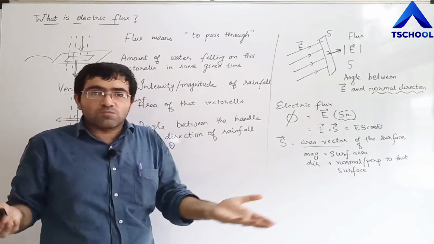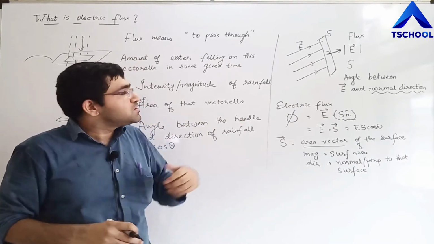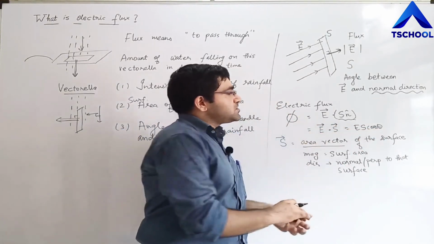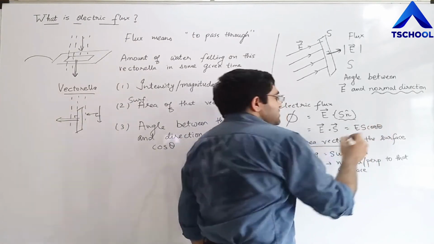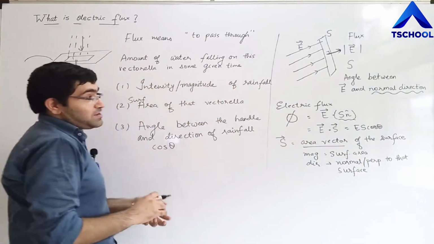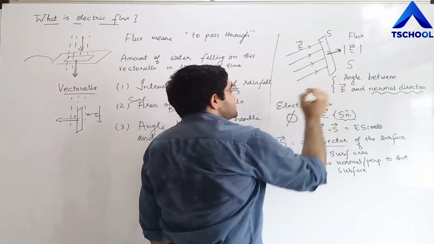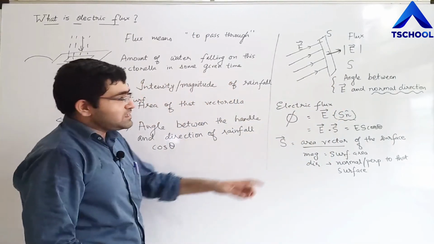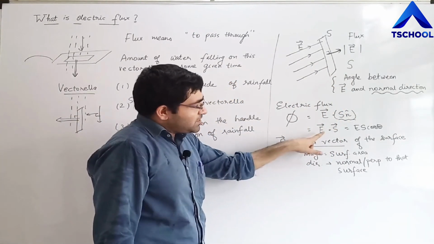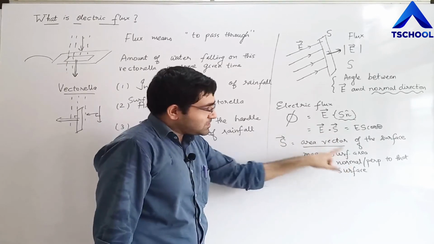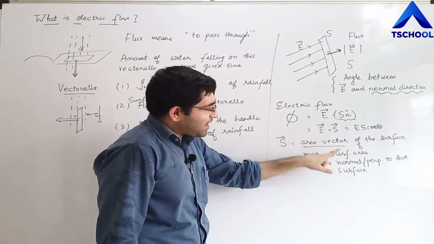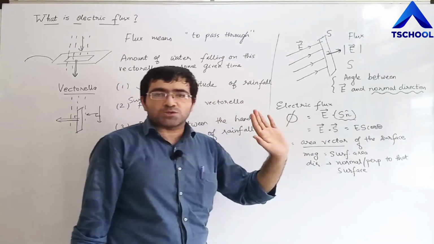Obviously, the bigger the surface, the more the flux passing through it. And the third one is this angle, that is, it depends on cos theta, where theta, you should not forget, is the angle between the electric field vector and the surface area vector. That means it is the angle between the electric field vector and the normal direction.